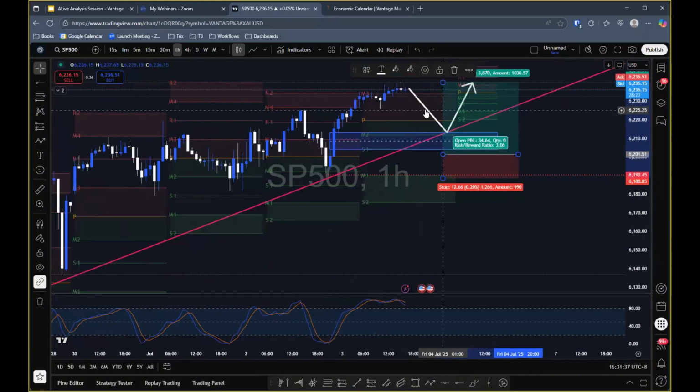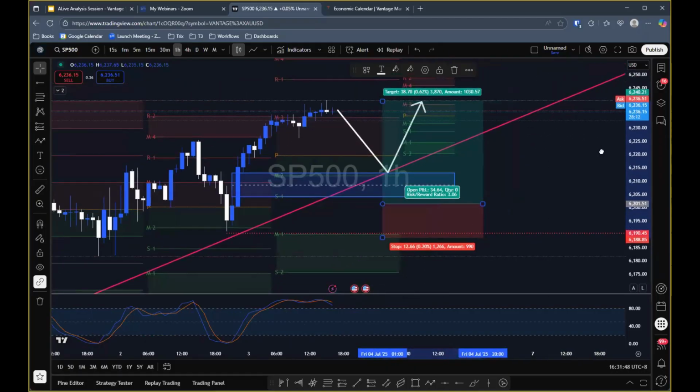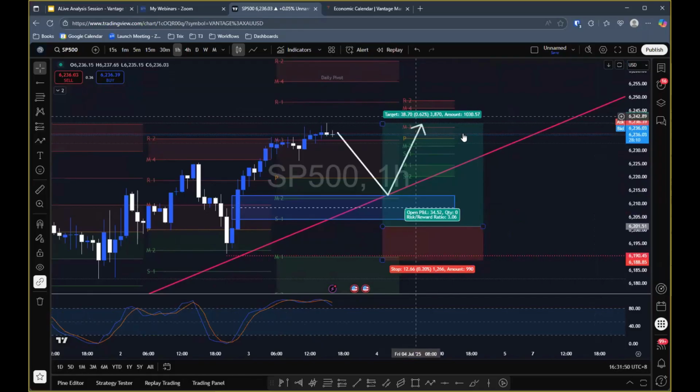But again, this is a quick break, so you want to see this move get weak. And then prices push up due to the news, and you'll see the target hit by the end of the 10 a.m. candle.